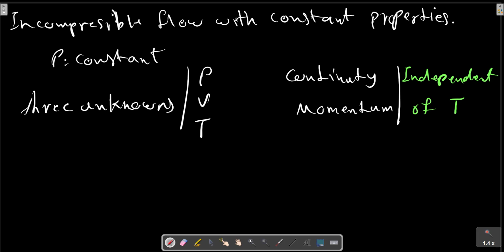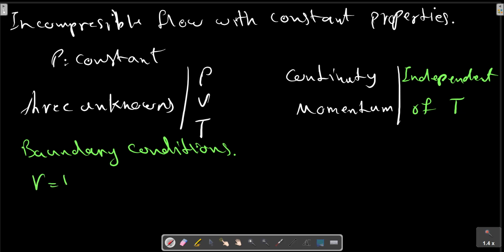Thus, we can solve the previous equations of motion entirely separately for the pressure and velocity using the boundary conditions, first for solid surface.